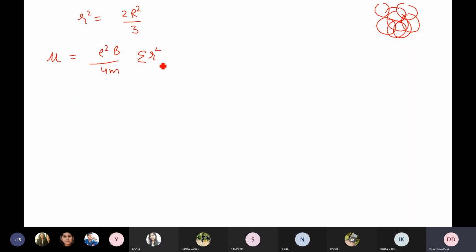So this will become sigma r square, which is equal to 2 r square by 3. We are taking the average one.